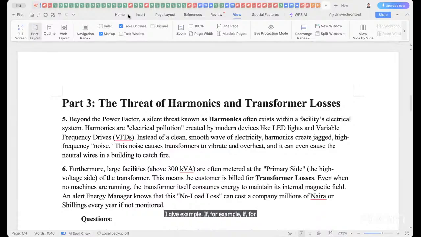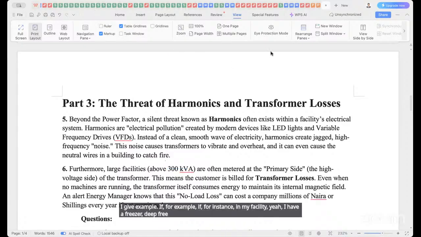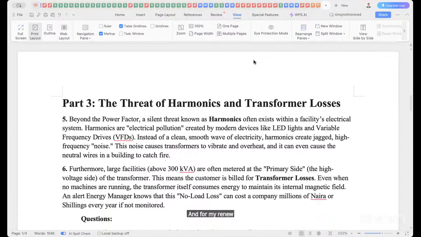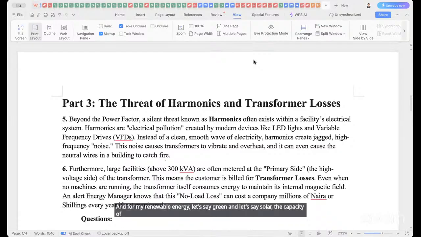I give an example. In my facility, I have deep freezers and a water heater that I use when there is grid. For my renewable energy, let's say solar, the capacity cannot work with those devices.